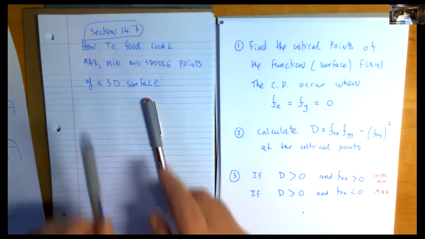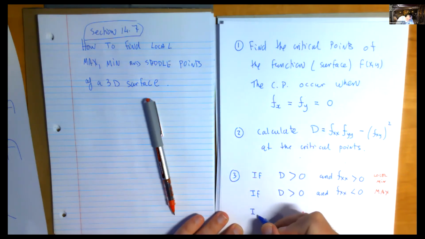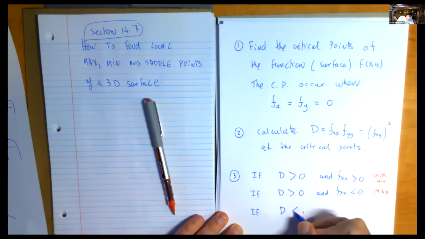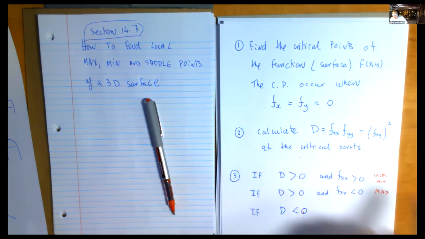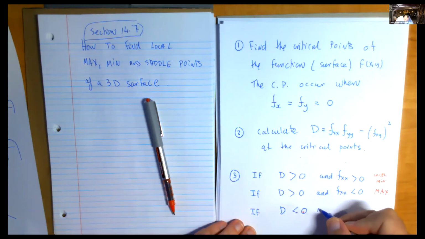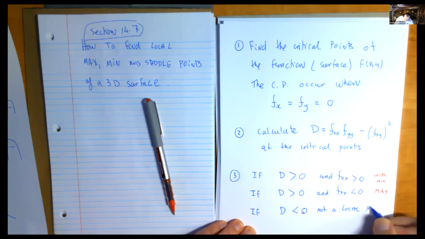Now, what's the third thing that can happen? Well, if d is negative, so you calculate this and it ends up being a negative number, then what you can say is that it's not a local max or minimum. That's really all you can say for sure.